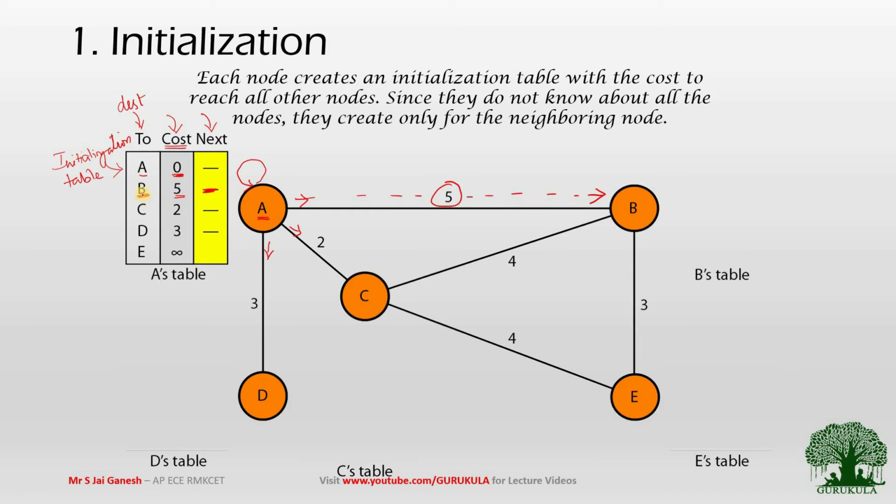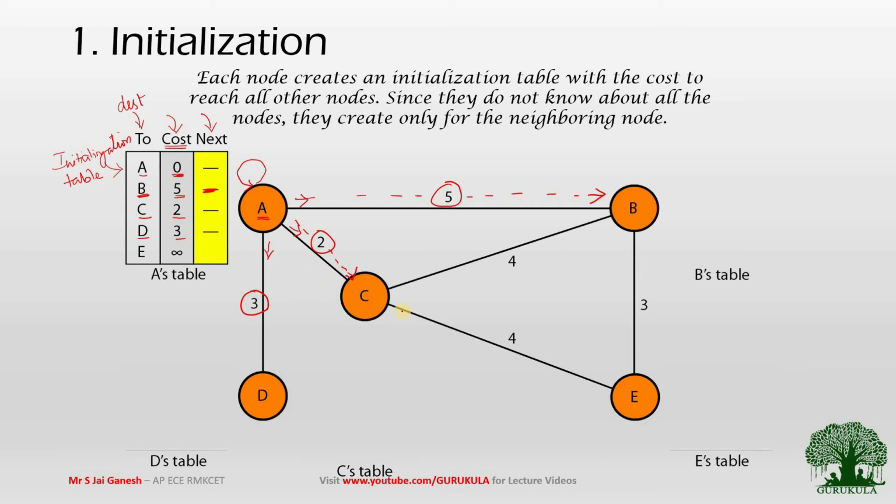So B is a directly connected node to A, and A can reach C with a cost of 2, which can be depicted in the figure. Similarly, A can reach D with a cost of 3. We could see all these things in the figure, and we could also observe that A could not reach E, at least at the initialization stage.